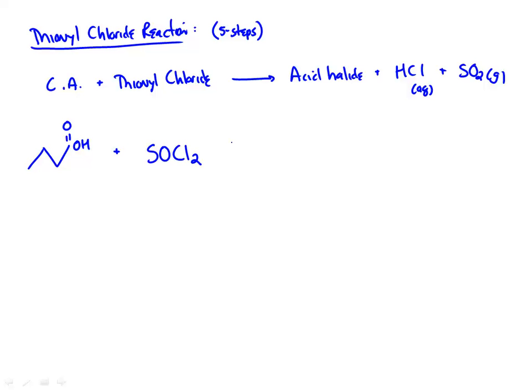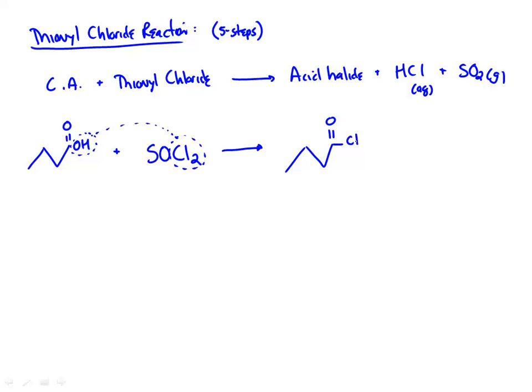And so the easiest way to recognize that this reaction is going on is if you glom onto the fact that SOCl2 is thionyl chloride, then you know it's a substitution. And what we're substituting is that OH group and a chlorine. And so I end up with a carboxylic acid halide.